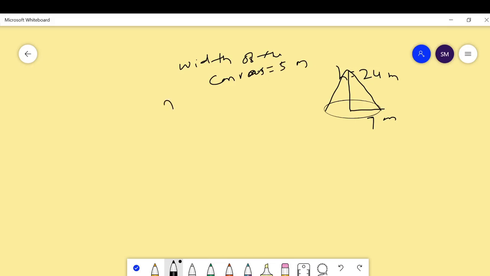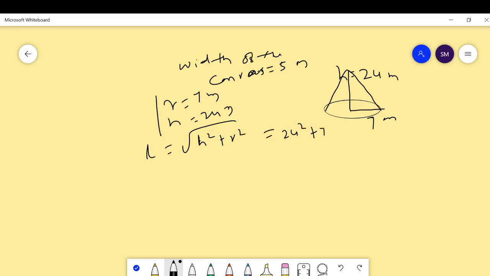Here r is given as 7 meter and h is given as 24 meter. By using r and h we can find l equal to square root of h square plus r square, which equals square root of 24 square plus 7 square, which equals 25 meter. Here the slanting height is 25 meter, and the base radius is 7 meter.